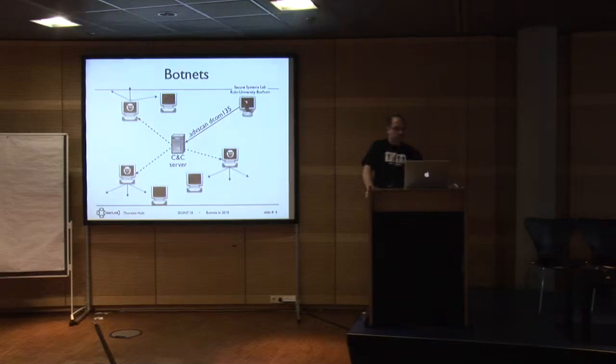And then once a bot finds a vulnerable machine, it exploits the vulnerability and sends a copy of itself to the victim's machine. And then basically the bot propagates from one machine to another. The new machine is then also infected. It receives commands from the CNC server, and it then also starts to propagate further. So this is effectively how botnets grow over time.